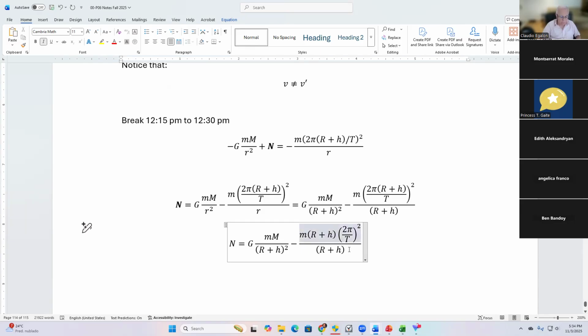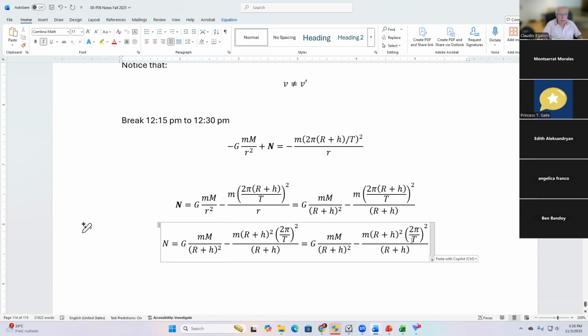R plus H outside the parentheses. And now this R plus H is gonna cancel out the other R plus H downstairs. Don't forget, this is the period of the Earth rotation, okay? I'm gonna cancel this one and replace with that one.